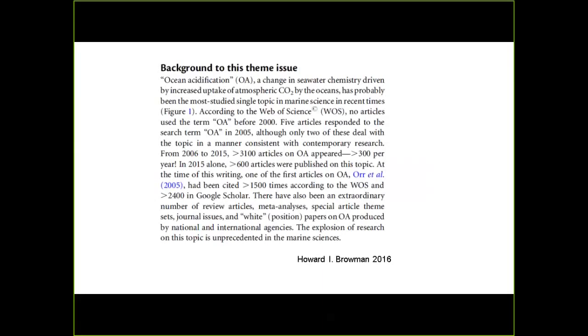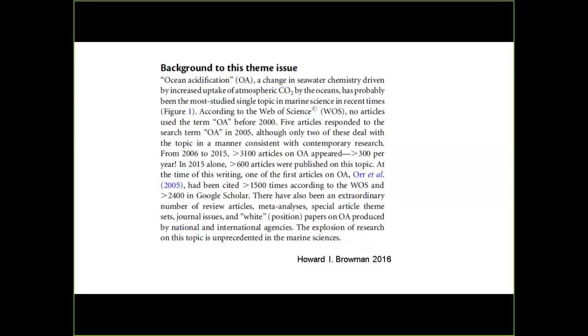how many people have been working on ocean acidification over recent years. It's a change in seawater chemistry driven by the uptake of atmospheric CO2 by the oceans. It's probably been the most studied single topic in marine science in recent times. According to the Web of Science, no articles used the term ocean acidification before the year 2000. None.